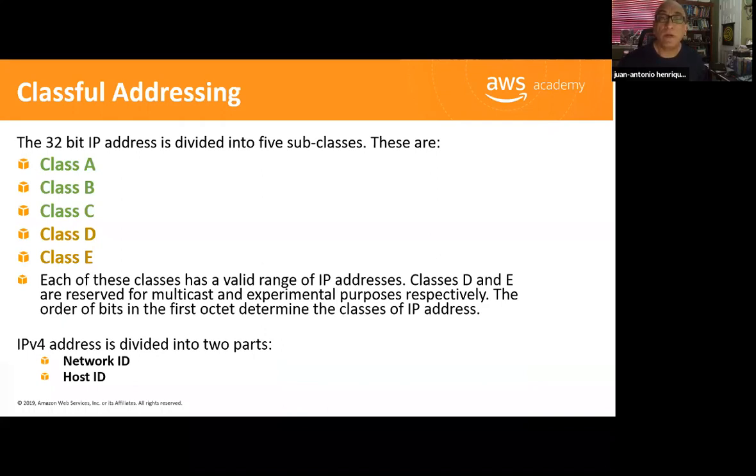One way of determining what class an address belongs to is that the order of the bits in the first octet determines the class of the IP address. In IPv4, addresses are divided into 2 parts, a network ID and a host ID. Think of the network ID as a zip code.